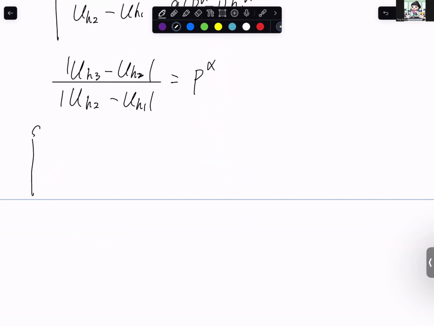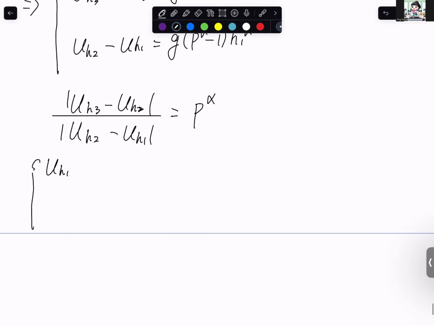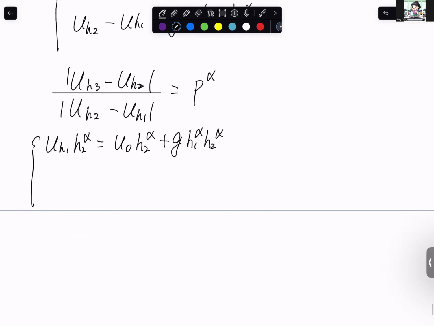Be patient. In the first equation, we multiply by H2 to the power of alpha on both sides. So we have U0 H2 alpha, G H1 alpha H2 alpha. And in the second equation, we multiply by H1 alpha on both sides.